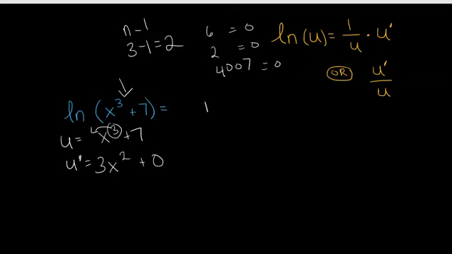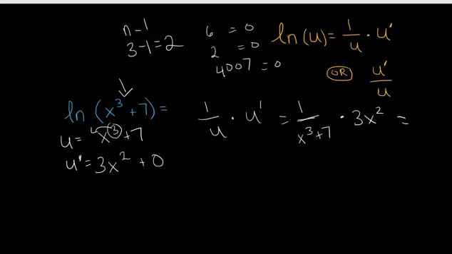Now let's go ahead and put it together. I have 1 over u times u derivative, which is 1. I have x to the third plus 7 in the denominator times 3x to the second. Great.